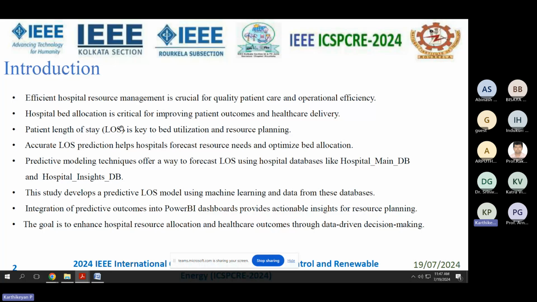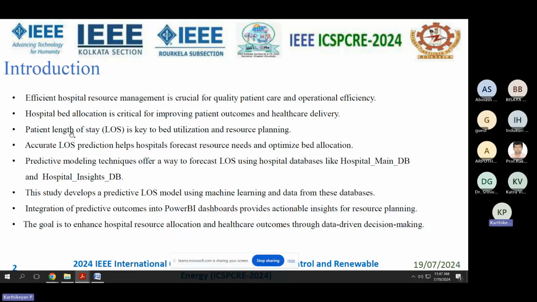Resources include bed, doctor, drug, and nurse availability. In this paper, we mainly focus on hospital beds only.